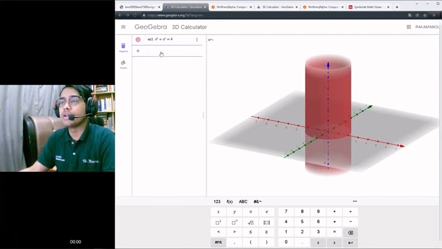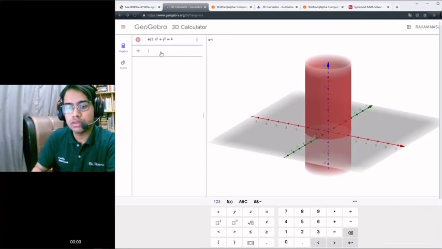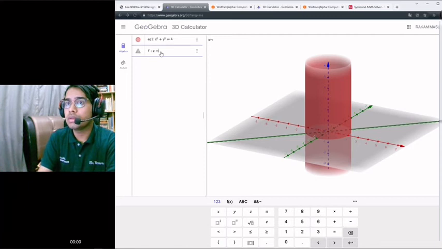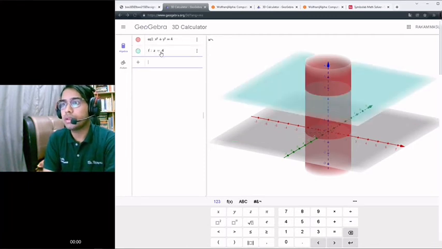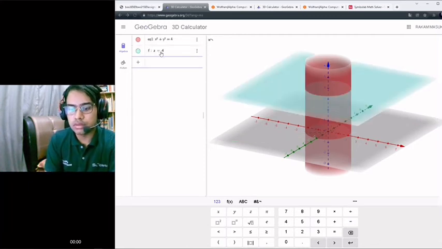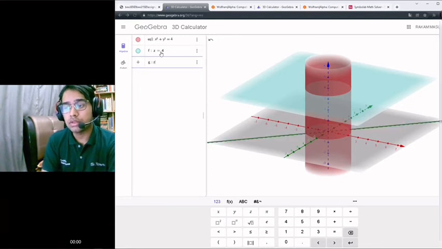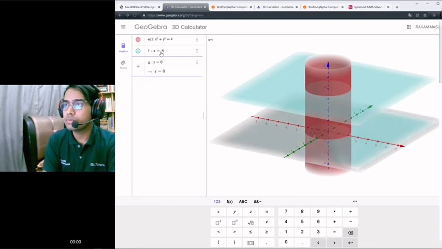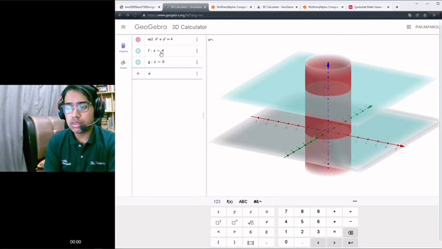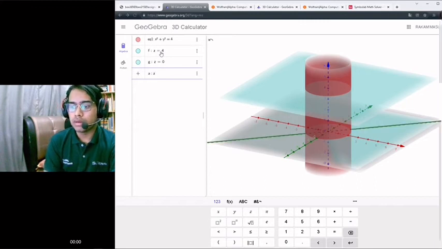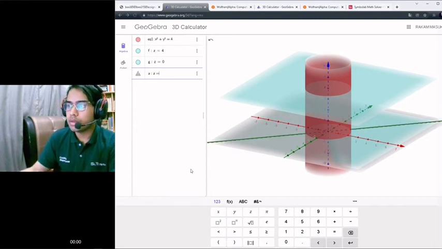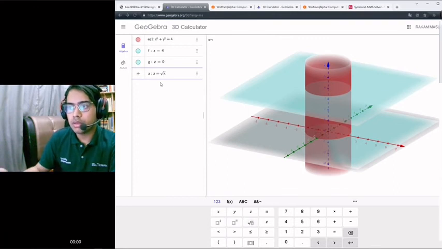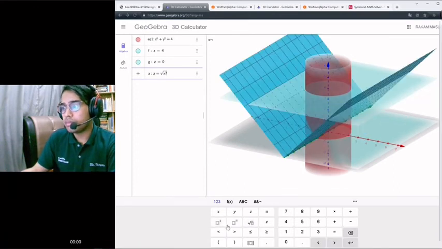This is the first line of the equation. The second line is z equals 4, the third is z equals 0, and finally z equals the square root of x square plus y square.